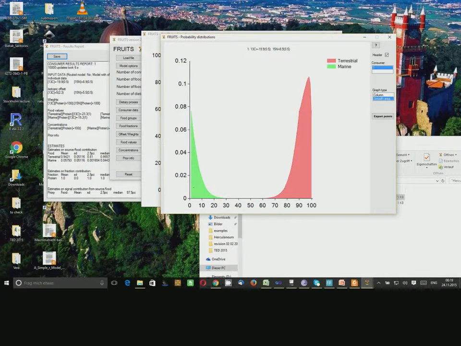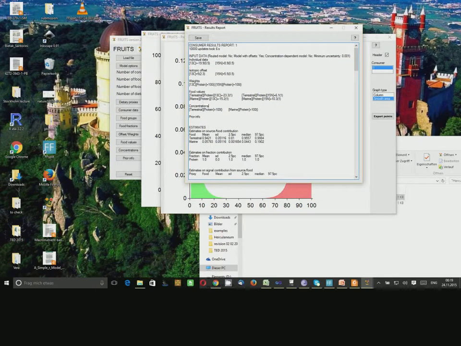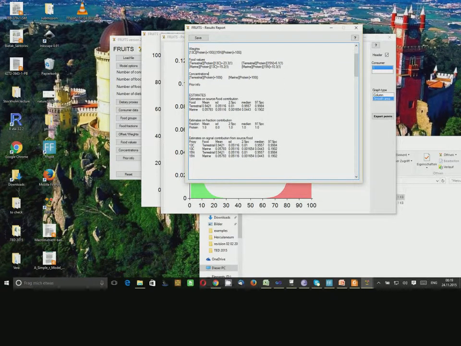And here we have the results report, so 94% plus minus 5 of contribution from terrestrial animals, and 6 plus minus 5 from marine. Estimates on fraction contribution, well, there's just one fraction, that's protein, so that's of course 100%.